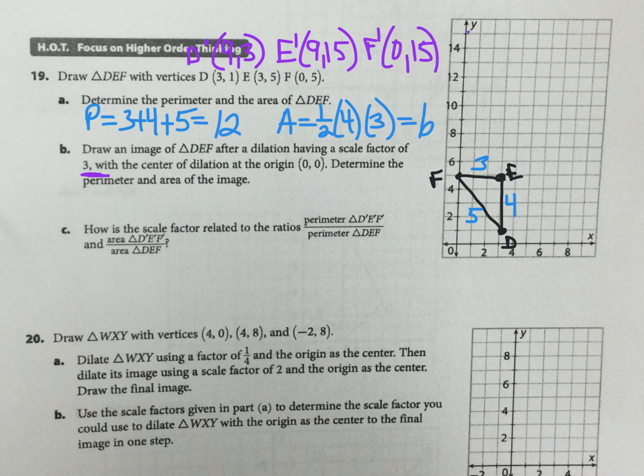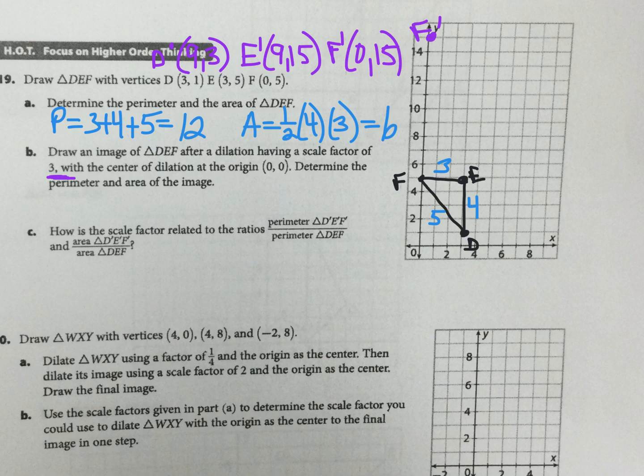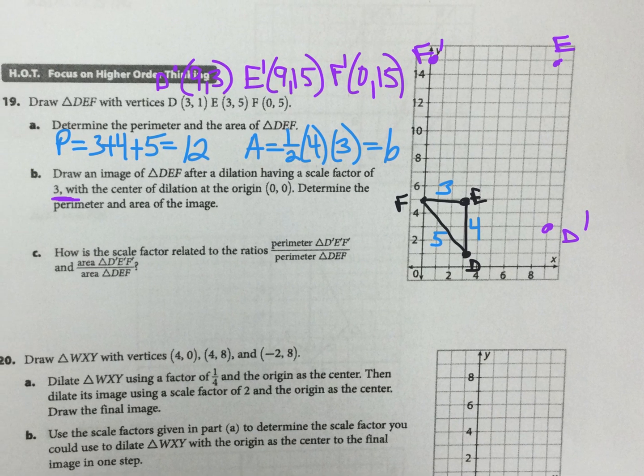So if I plot that, there's my F prime, E prime is 9, 15, and D prime is 9, 3. Oops, well, let me put my little prime mark there. All right, so here we go.